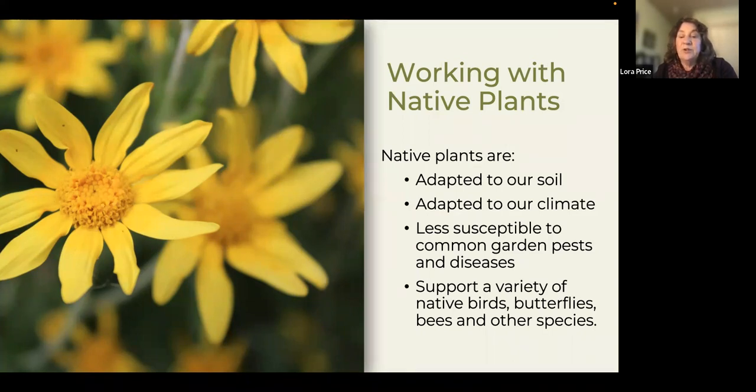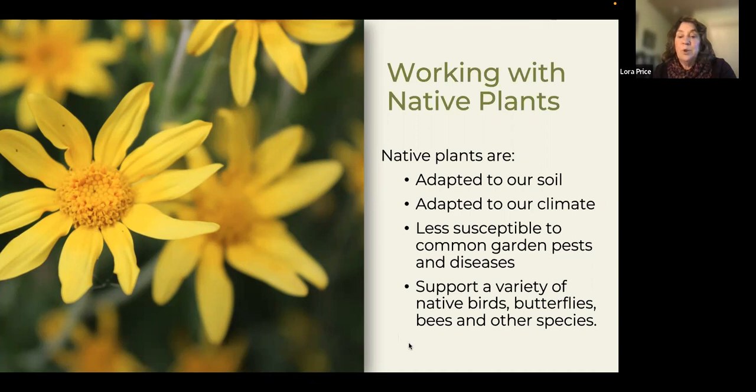And they're also adapted to our climate, which is sort of a two-season climate. We have a wet season for 8 months and 4 months of dry and hot. So our natives are used to that, though climate change is pushing that a bit. And there's many things we can do to help get them through our hot summers.